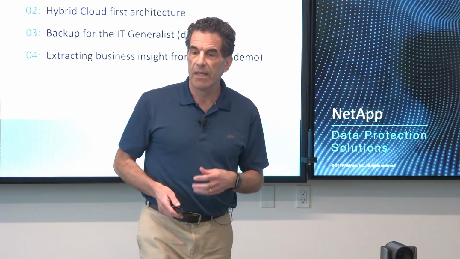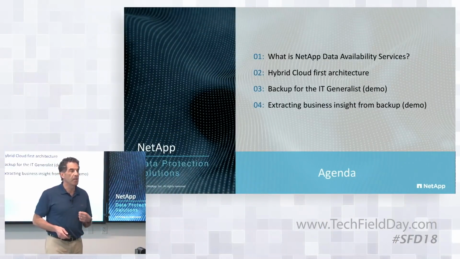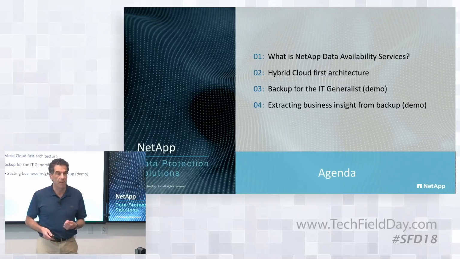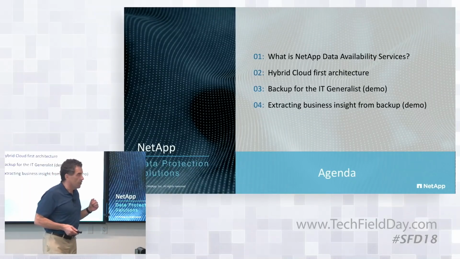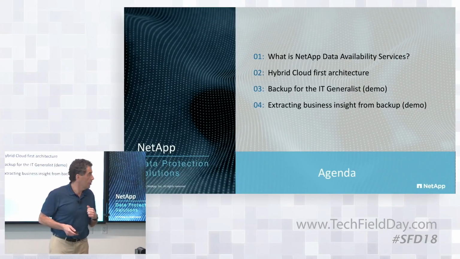So what we're going to cover today is I'll cover what is NetApp Data Availability Service. And by the way, we use an acronym for short because it is a bit of a mouthful. We use NDAS as an acronym for that. And then I'll turn it over to Charlotte, who will go over what it means by hybrid cloud first architecture.